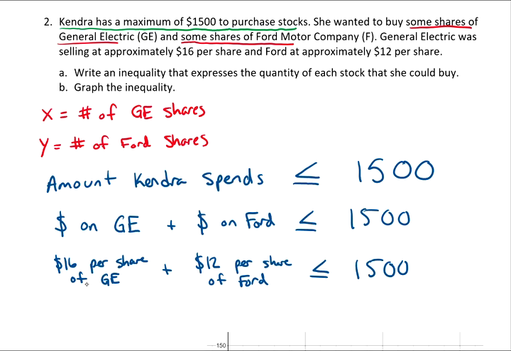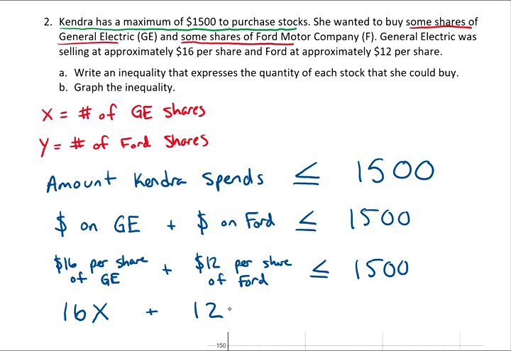How many times is she paying $16? Well, we don't know. We're saying there's X of those, X shares of GE. So she's paying $16 for every share, so $16 times X. And then for Ford, we don't know how many she's buying, but we know it's a number. We're calling that Y. So Y shares of Ford, $12 for each one.